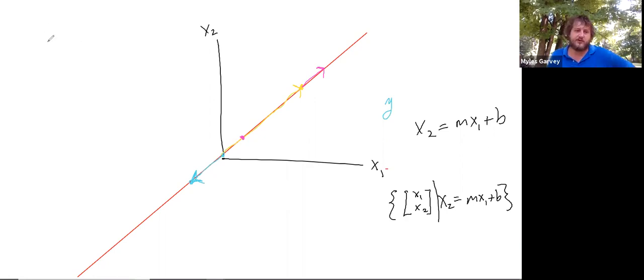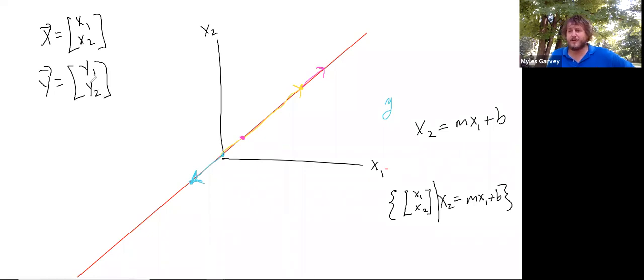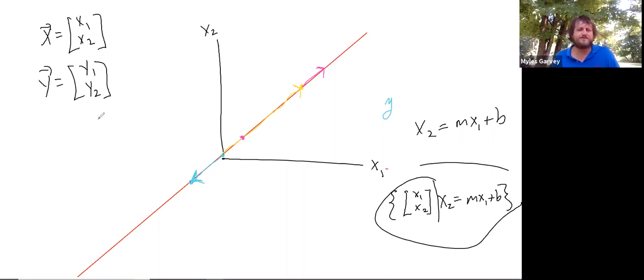Consider two vectors, x, which is x1 and x2, and another vector, y, which is y1 and y2. I want to add them together, and I take the two vectors from this specific collection, however the m and b are defined. I know by definition that x2 can be written as m times x1 plus b.